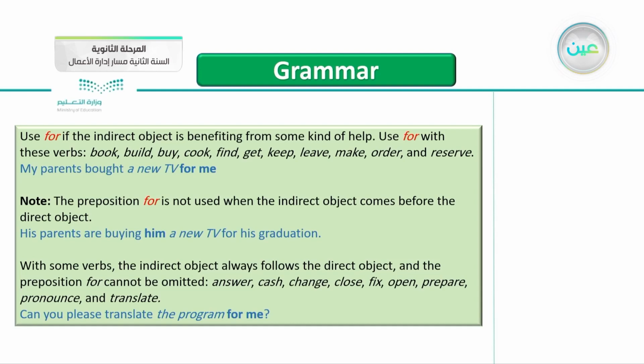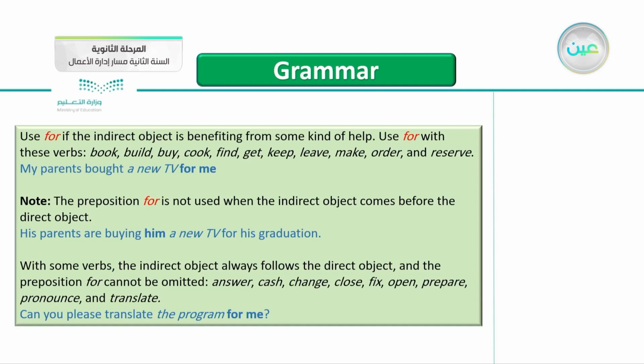So we use for if someone is helping someone else, someone is benefiting from someone else. We use for if the indirect object, not the direct, the indirect object is benefiting from some kind of help. And we use it with these verbs.